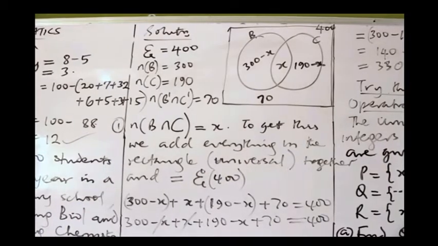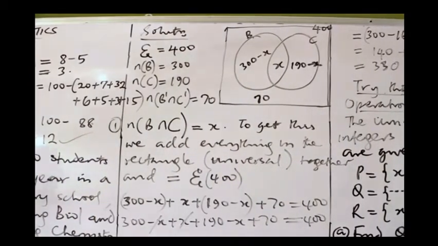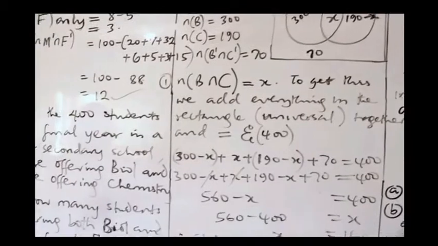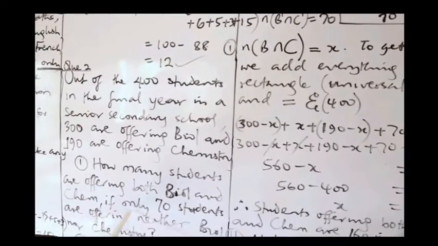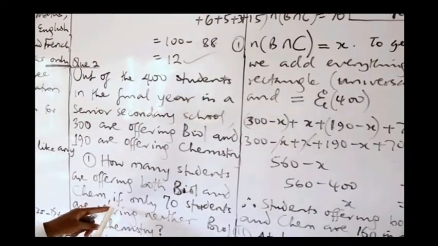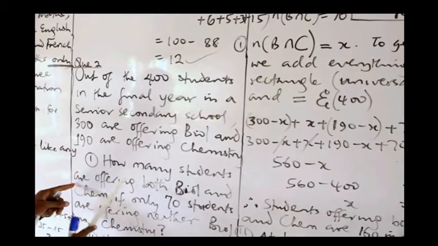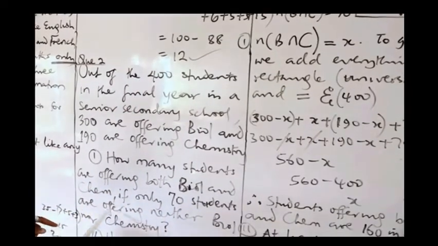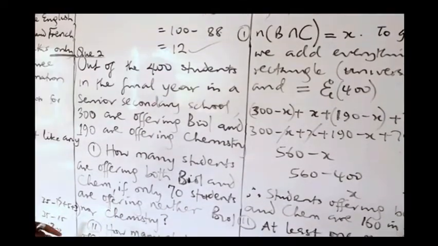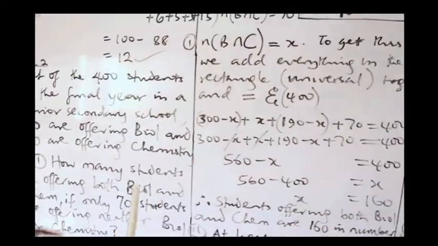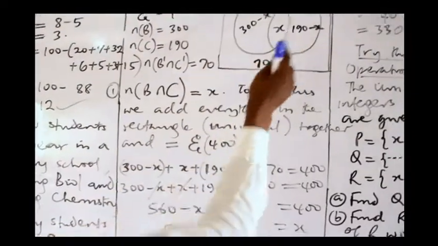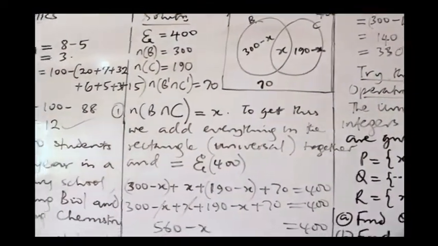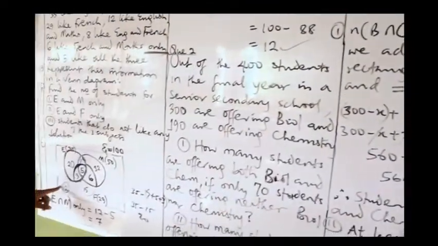But let's continue. According to this question, there's a clause here. They say, how many students are offering both biology and chemistry if only 70 students are offering neither biology nor chemistry? 70 students are offering none of the two subjects, just like the first question that we did.